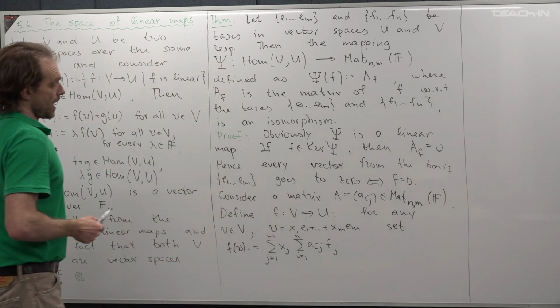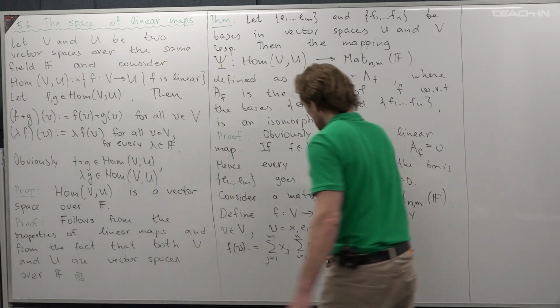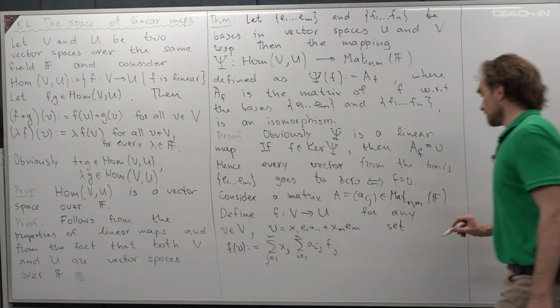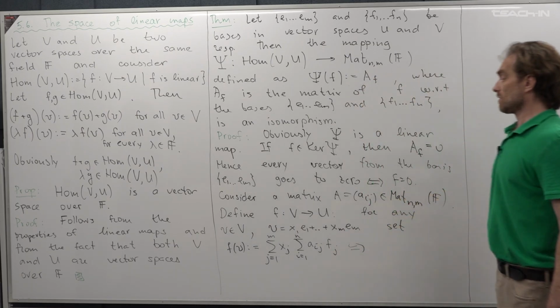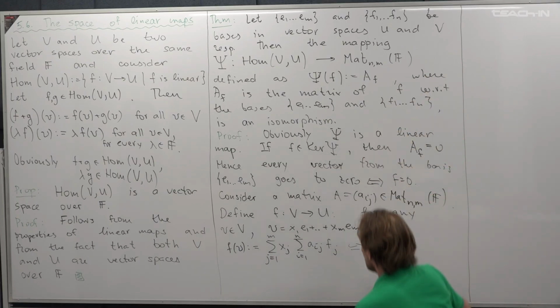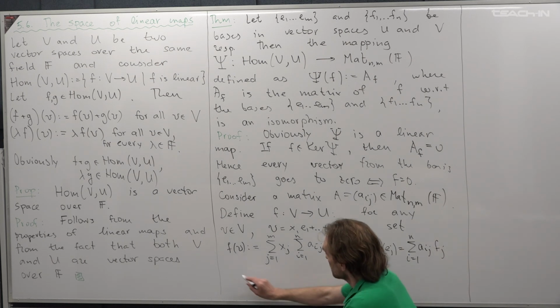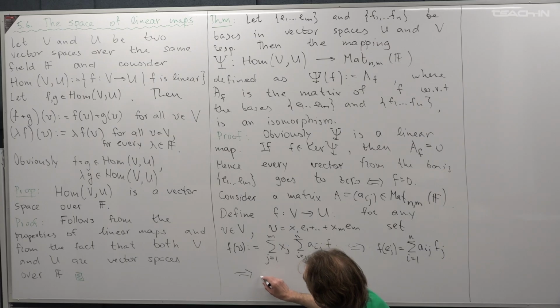And so obviously these are the images of the vectors of this basis, and when we define our mapping like this, then f of e_j is the sum where i ranges from 1 to n of a_ij f_i, and therefore the matrix of this map is exactly what we need.